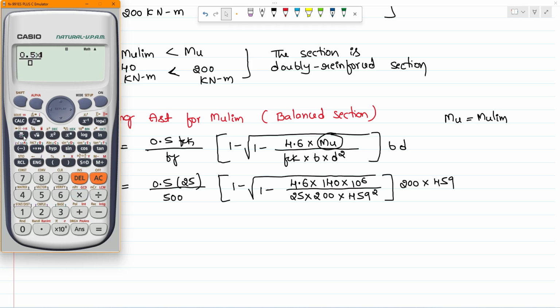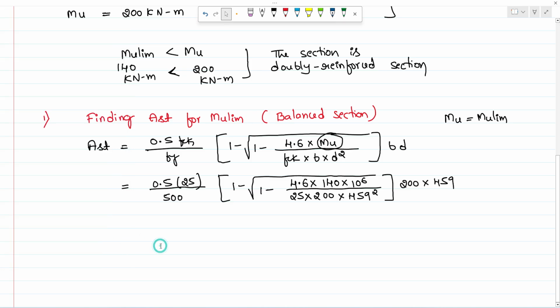Divided by 25 into 200 into 459 square, into width of the section 200, and effective depth 459. So it will be 864.